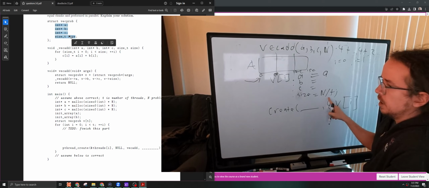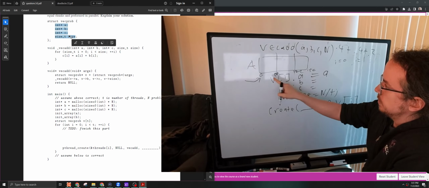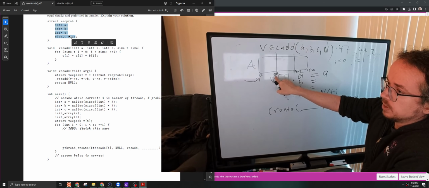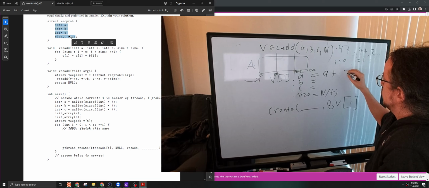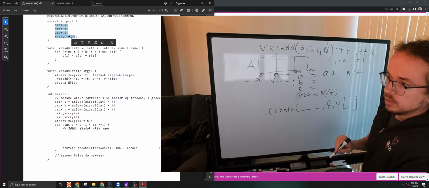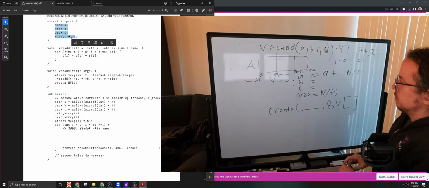Oh, well, this is the offset. This is how far we go. But actually, the place that thread 1 stops is the place that thread 2 needs to start. So we can use that. So we can do a plus n over t to tell us where in A we need to start.